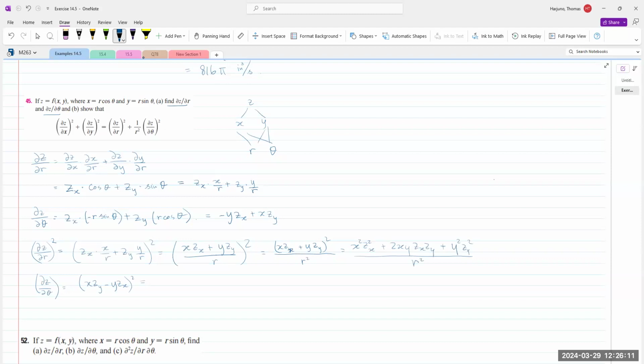Now this will be x squared c sub y squared minus 2xy c sub x c sub y plus y squared c sub x squared.